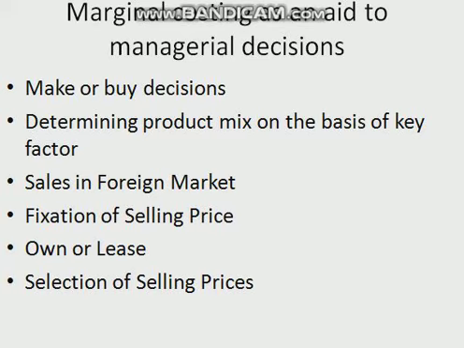When a component part is available in the market at a price below the firm's own total cost, marginal costing techniques offer useful assistance in taking decisions by the management whether such component should be manufactured internally or purchased from an outside firm. In this regard, the decision should be based on the fact that it will be profitable to buy from outside only when the supplier's price is below the firm's own marginal cost.